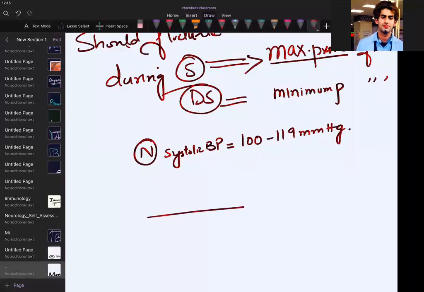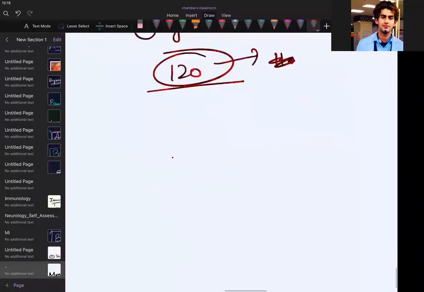I am taking the numerator. So normal systolic BP is 100 to 119 mmHg. And what is the normal diastolic value? 60 to 79.